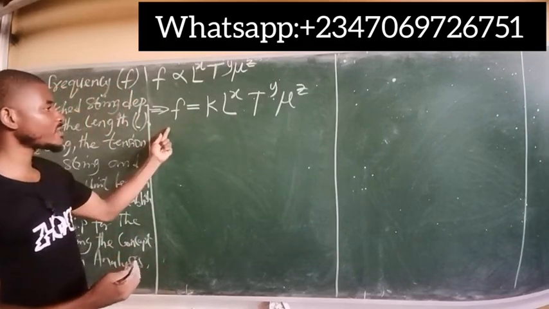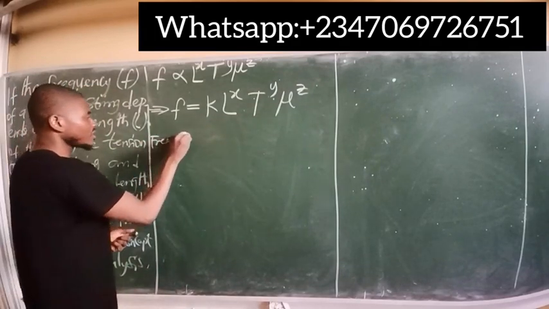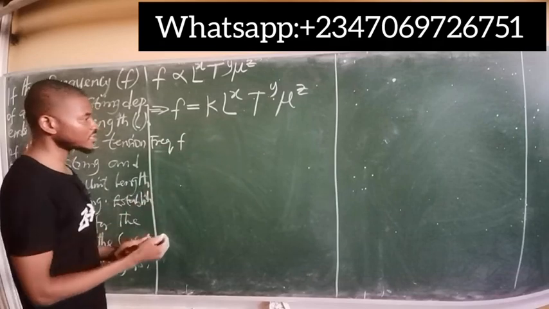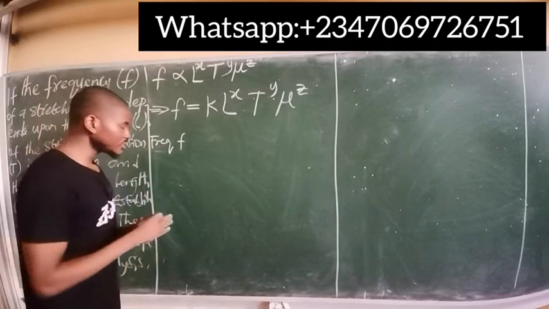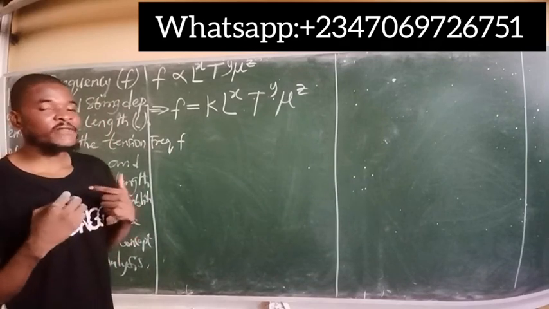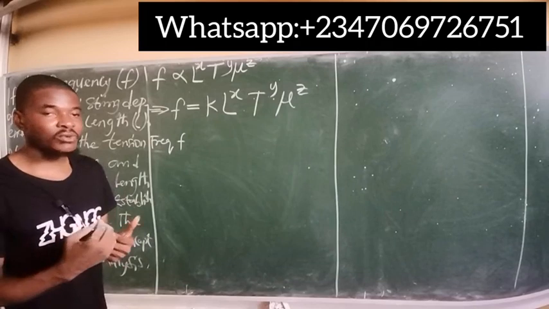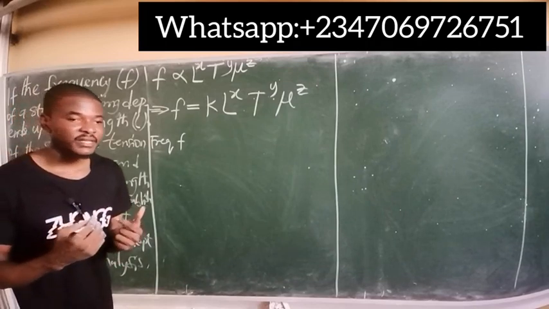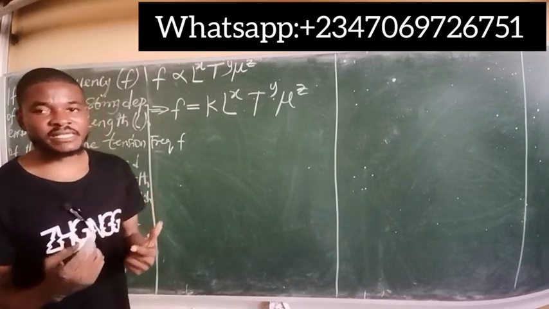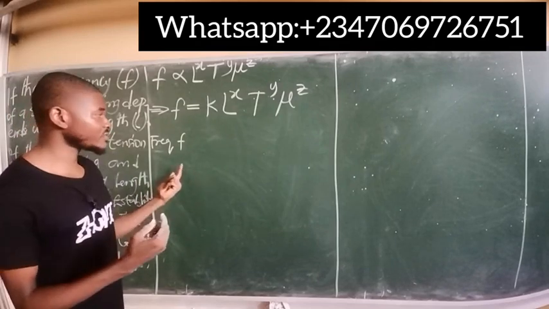So the first we have is frequency f. Now, the very best way to write the dimension of physical quantities is from their units. If you know the unit, it becomes easier, except for difficult quantities like frequency.